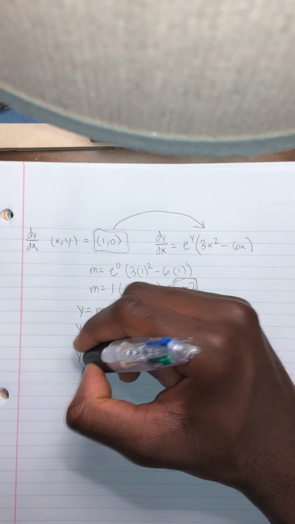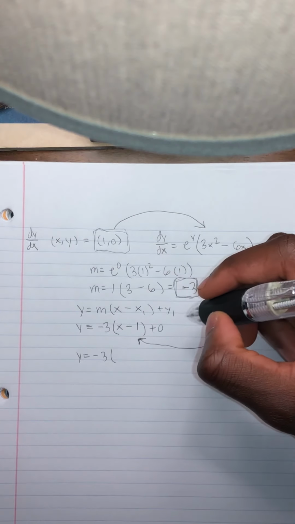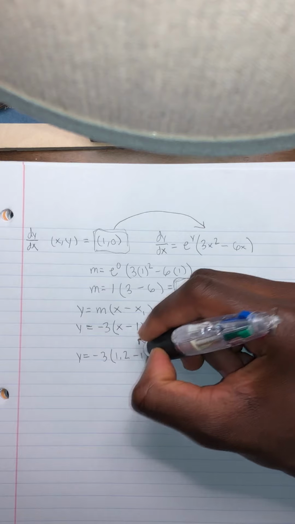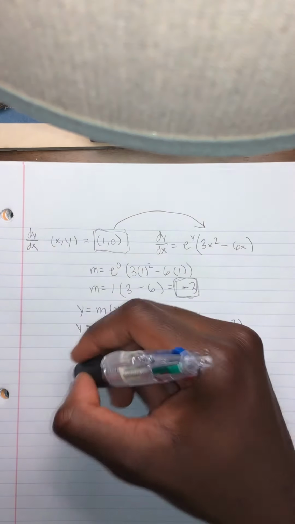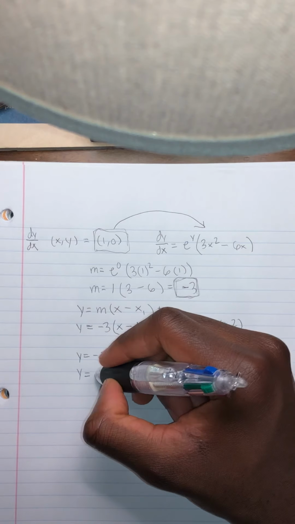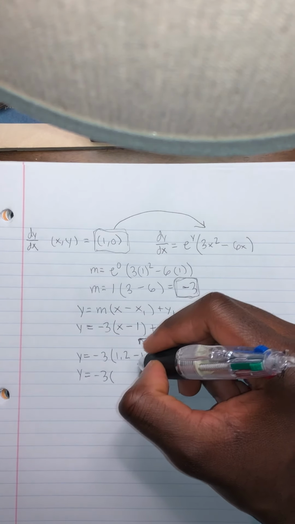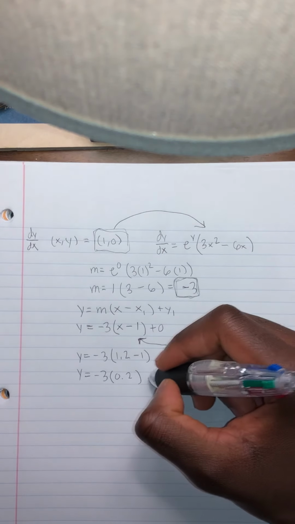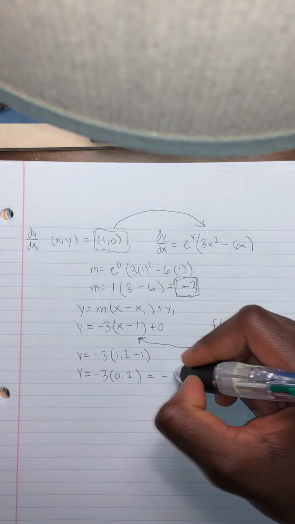So that would be y equals negative 3 times 1.2 minus 1. If we simplify this, 1.2 minus 1 is 0.2, and negative 3 times 0.2 equals negative 0.6.